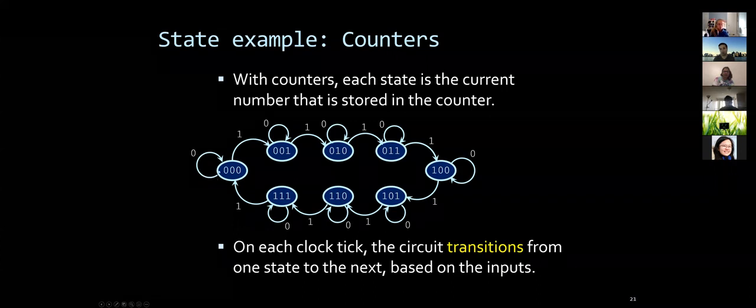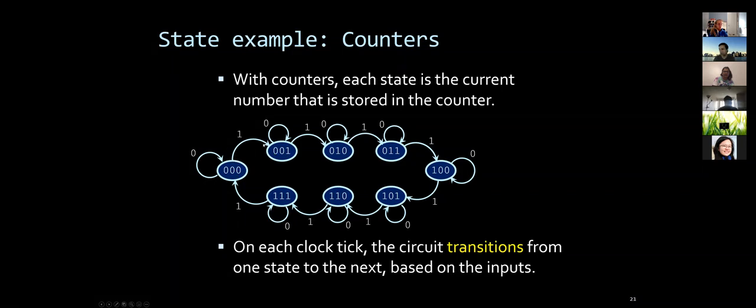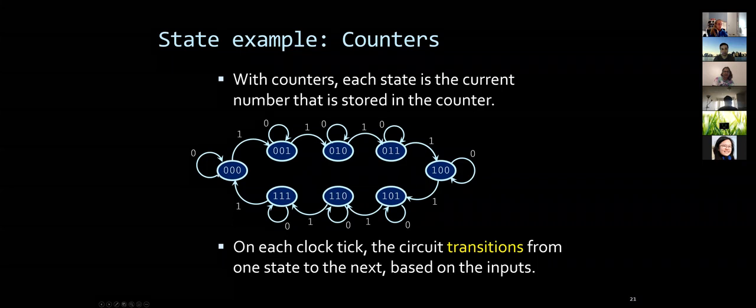This arrow shows if I was in the state 0, 0, 0 and I had 0 as an input, nothing changes, right? That's very simple. But if my input is 1, I go from state 0, 0, 0 into state 0, 0, 1. That's a transition. So depending on the input, which is 0 or 1, this is my old state, and these are the transitions from the states.